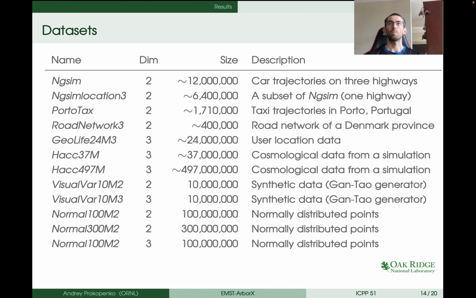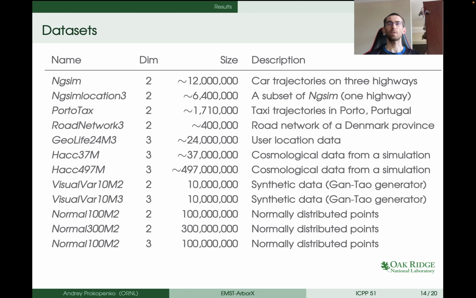To produce a comprehensive list of the datasets, we assembled together a combination of real datasets and some artificially generated ones. All the datasets are of low dimension 2 or 3.